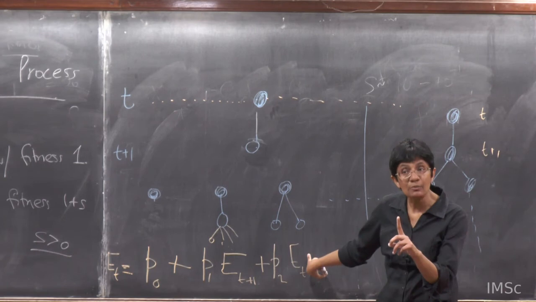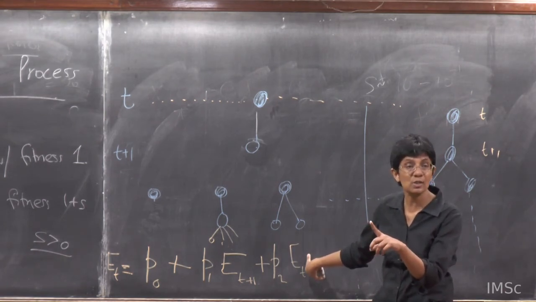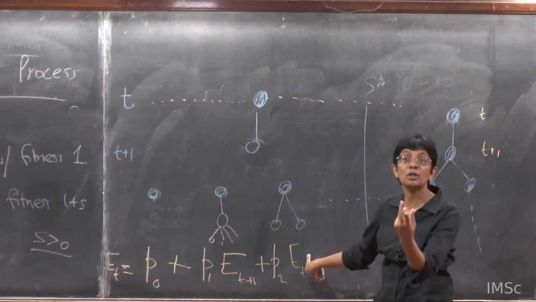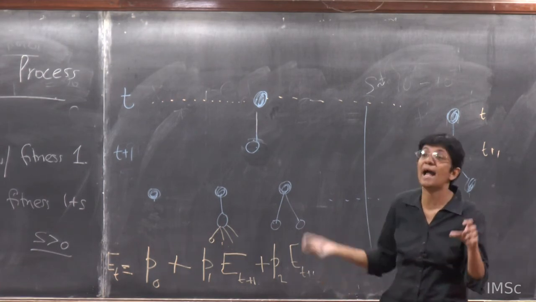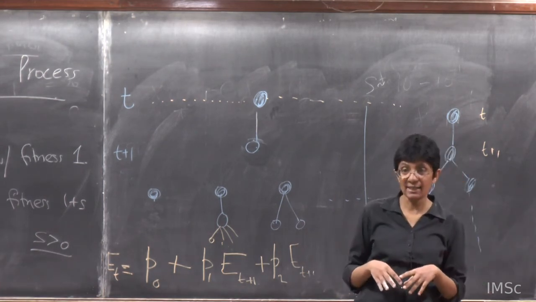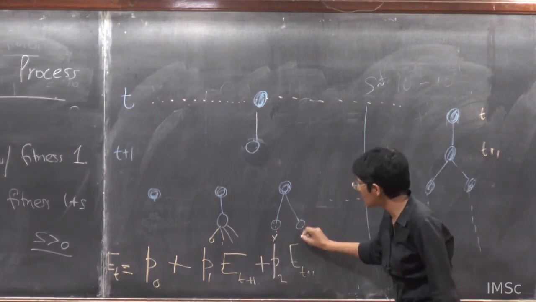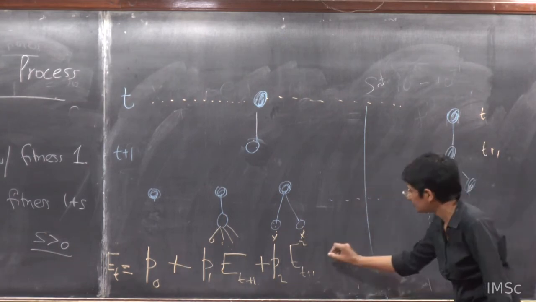It's a probability of a mutant. So 2 means 2 E_{t+1}? No. Both should die. Square. Both should die. This should happen and this should happen. P2 times E_{t+1} squared, right? So both the lineages have to die. So this guy dies eventually, this guy also dies eventually. So E squared. Now it's easy peasy.